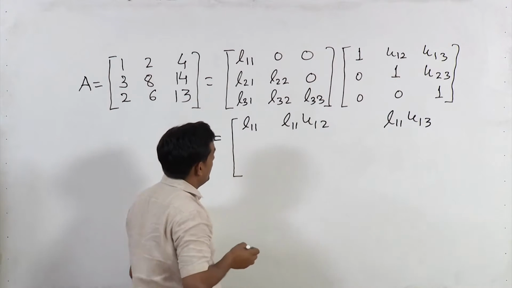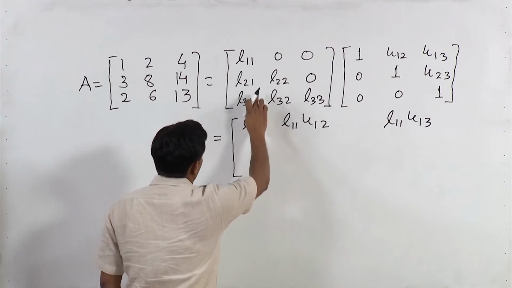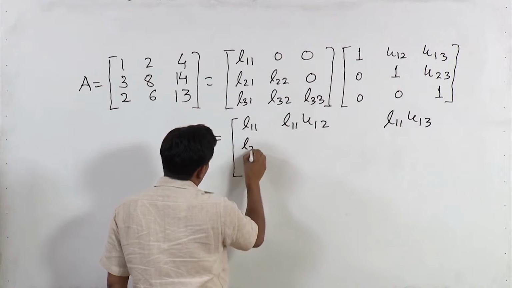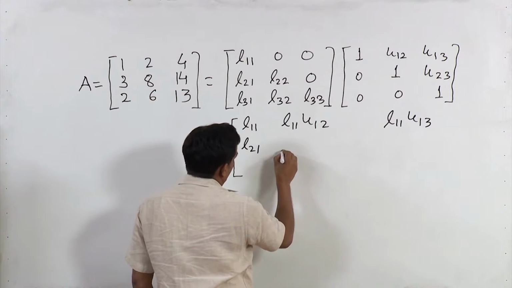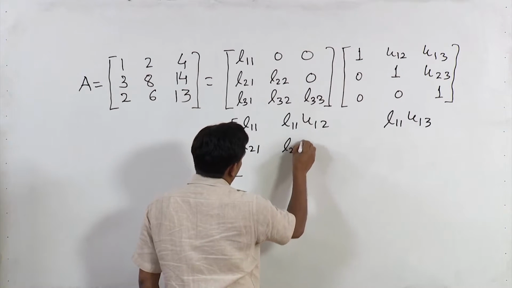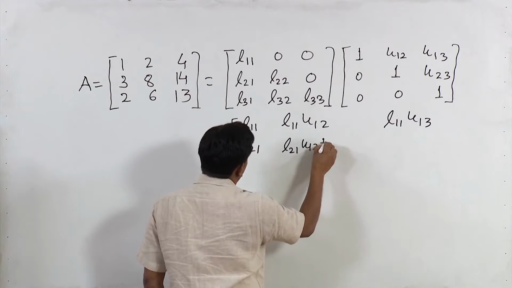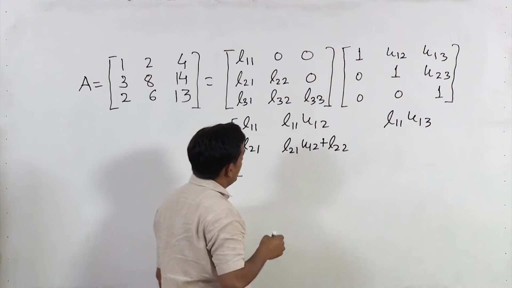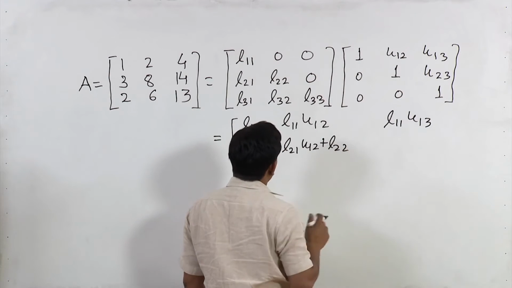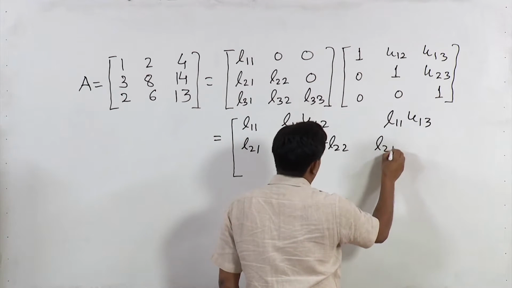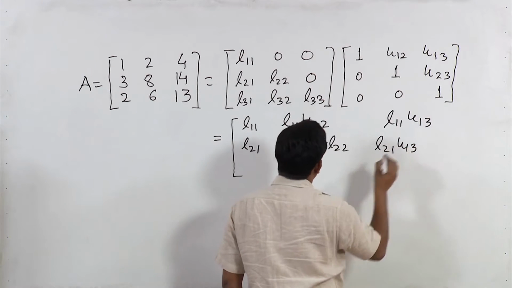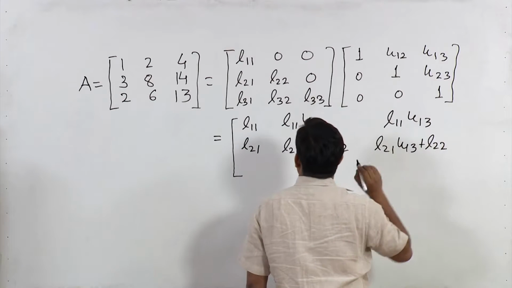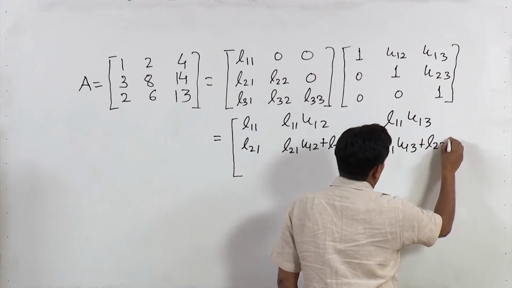Similarly, from the second row of L, multiplying with the first column, this element will be L21, this element will be L21 U12 plus L22, and this entry will be L21 U13 plus L22 U23.